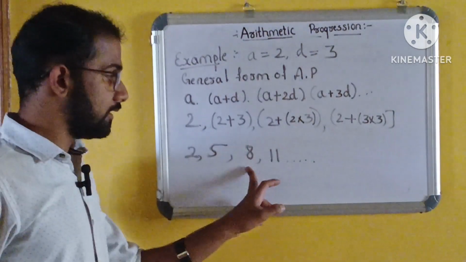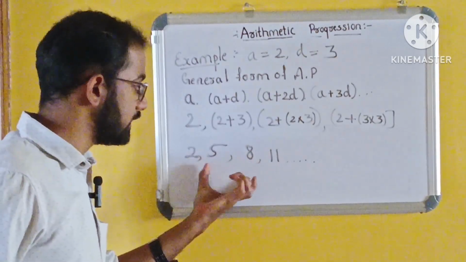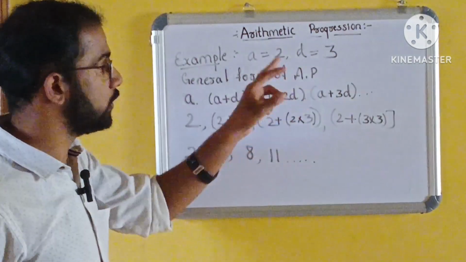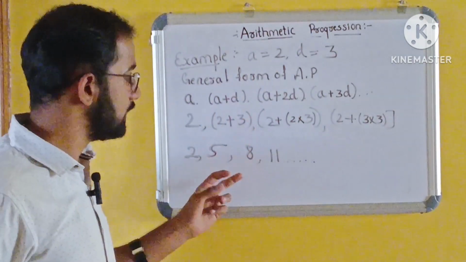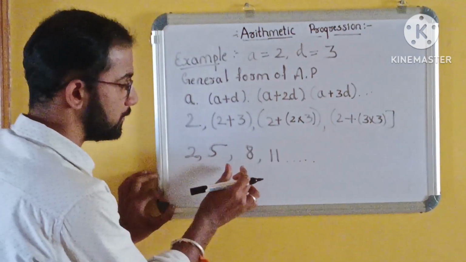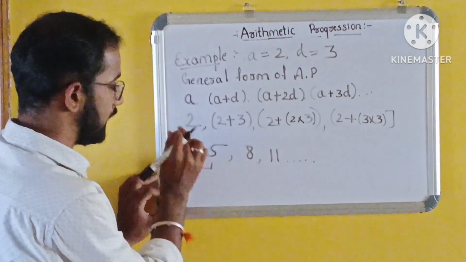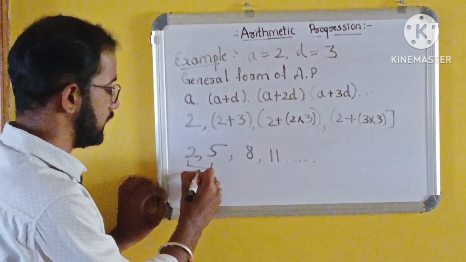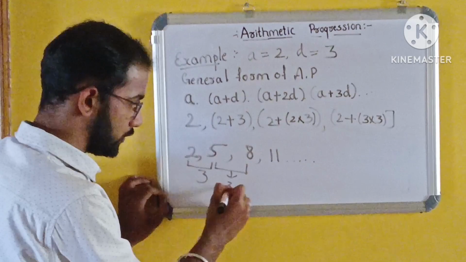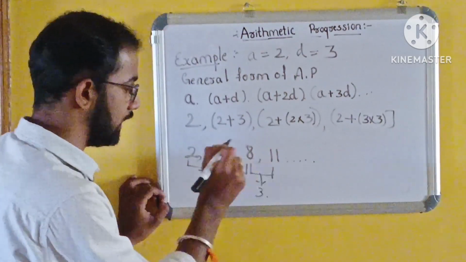So let's check whether this is the required sequence, whether this is an arithmetic progression or not. We can cross verify whether this is correct. Let's take the difference between consecutive numbers. 5 minus 2 is 3. 8 minus 5 is also 3. 11 minus 8 is also 3.